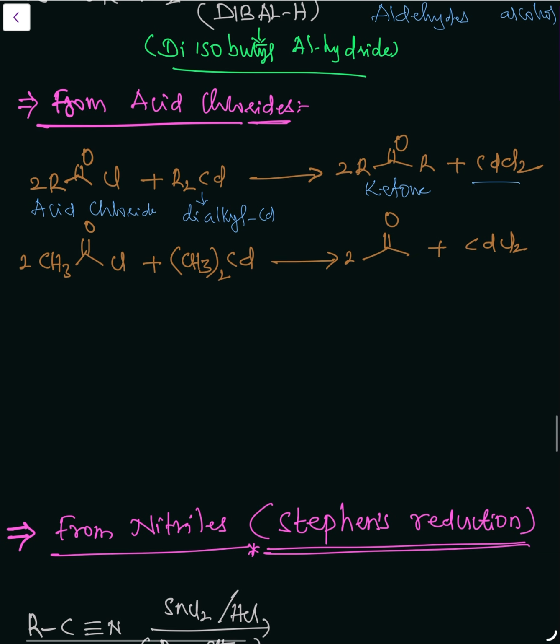Now I am taking one example, that is acetyl chloride. When it reacts with dimethyl cadmium, then the compound formed is what? 2 moles of acetone is formed, CH3, CH3. Then CdCl2 is formed.